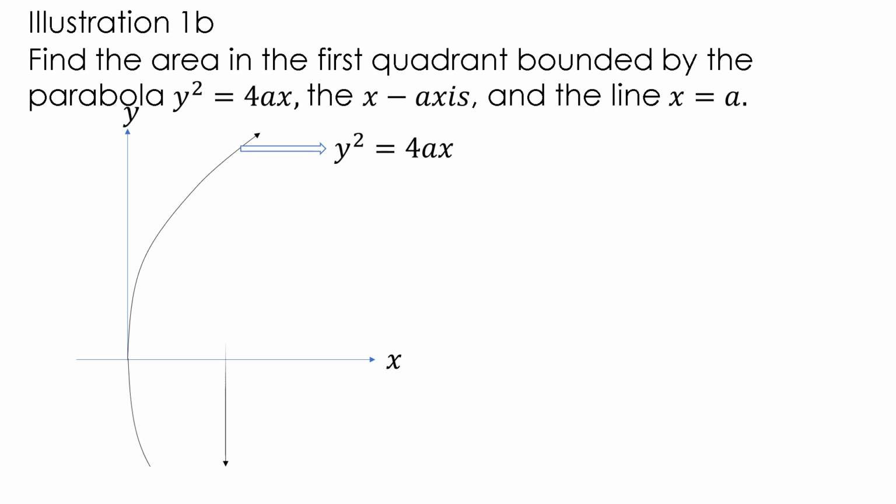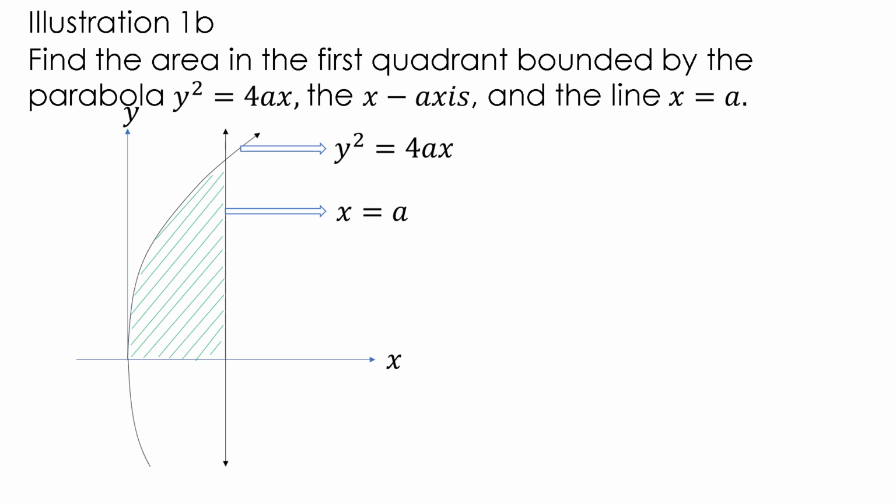The line x is equal to a is a vertical line. We wanted to solve for the area bounded by the parabola, the line, and the x-axis. We can use the horizontal element, whose width is equal to the differential of y, or dy.